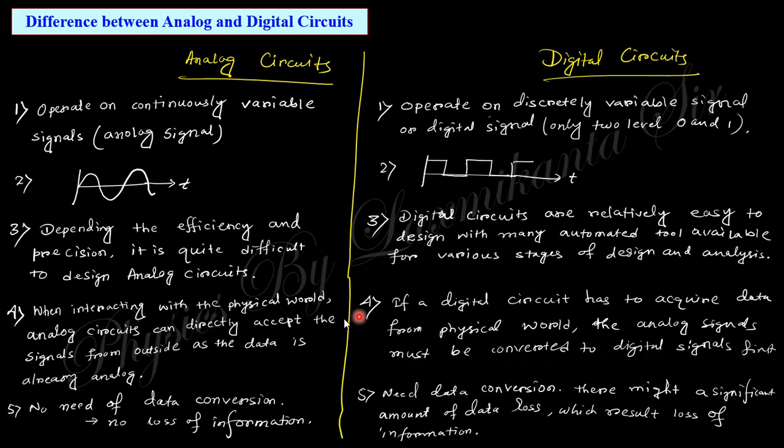So in the analog circuit there is no data conversion, so no loss of information. But a digital circuit requires data conversion, the signal is converted into binary, so there is a loss of information.